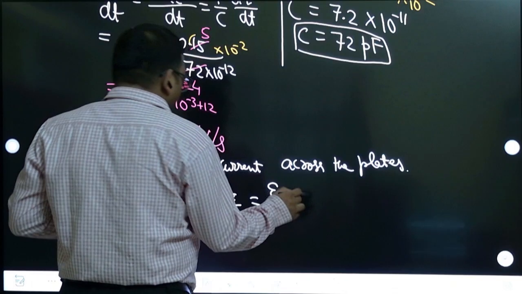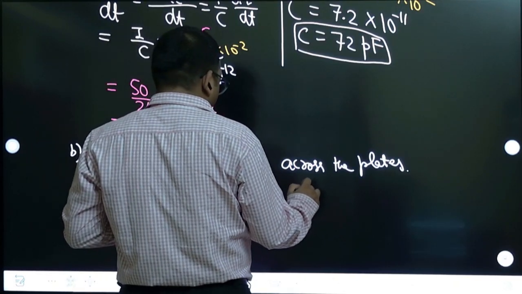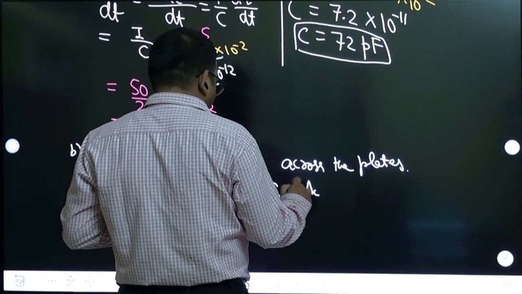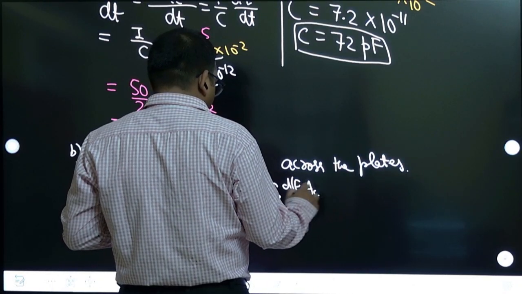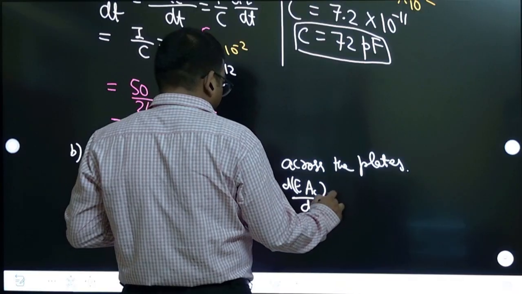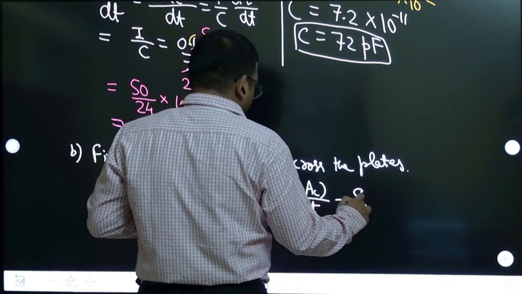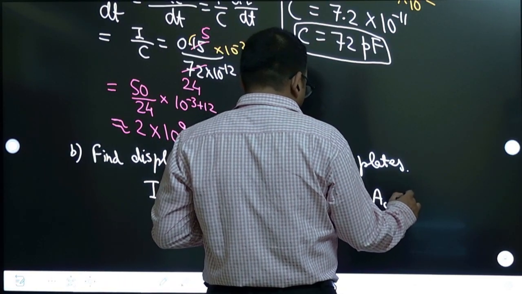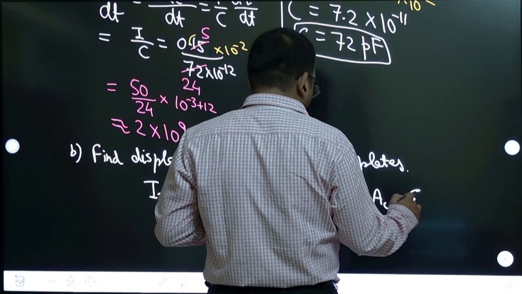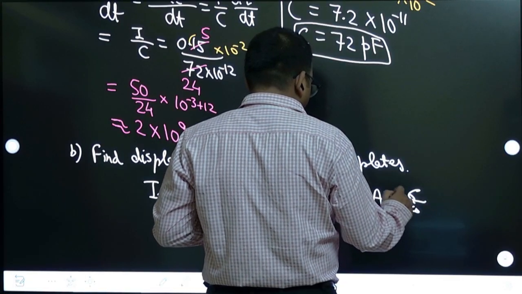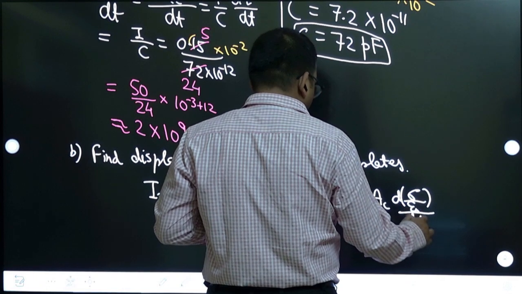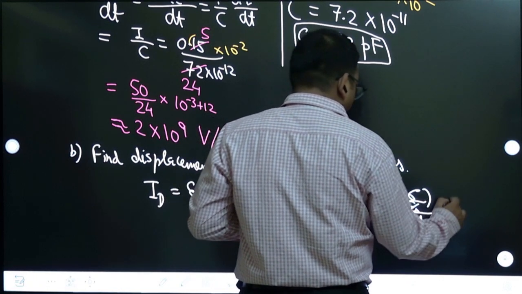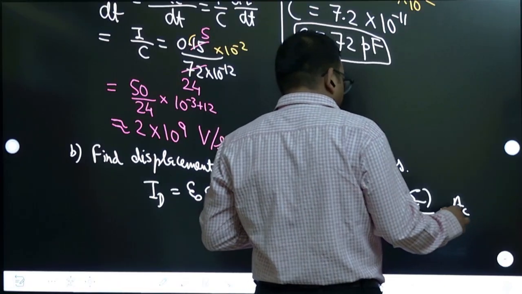So same way you will write area of the capacitor into electric field, right? Differentiation with time. So epsilon naught area of capacitor will come out. Electric field is what? Electric field is sigma by epsilon naught. Differentiation of this by time. This will get cancelled anyway. Area of the capacitor.